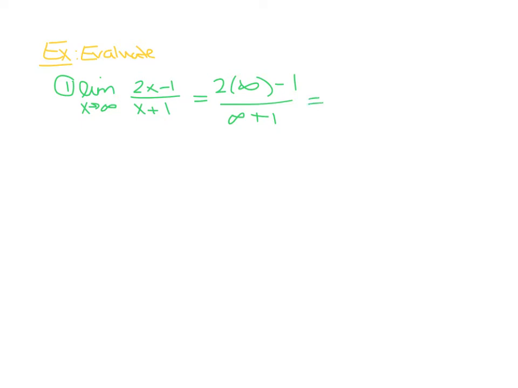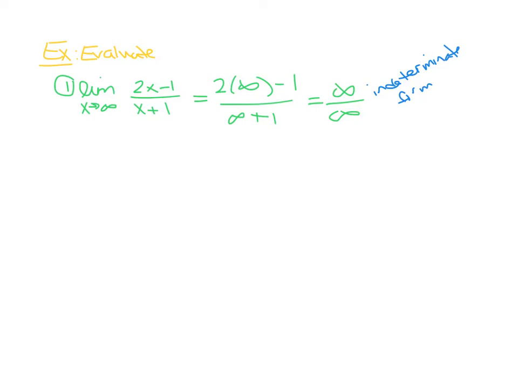Well, that would just be infinity over infinity, which is what we call an indeterminate form. So we had an indeterminate form previously in the last section. We had 0 over 0. That was an indeterminate form. If you have infinity over infinity, that also is going to be considered an indeterminate form.